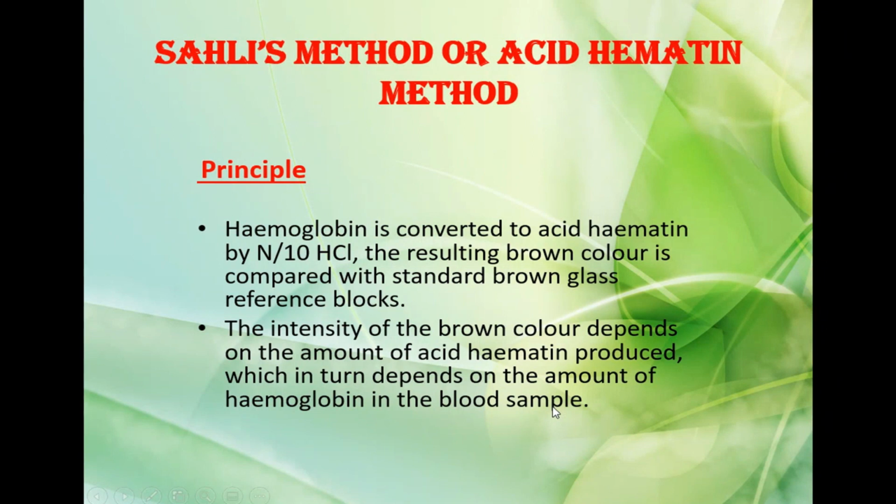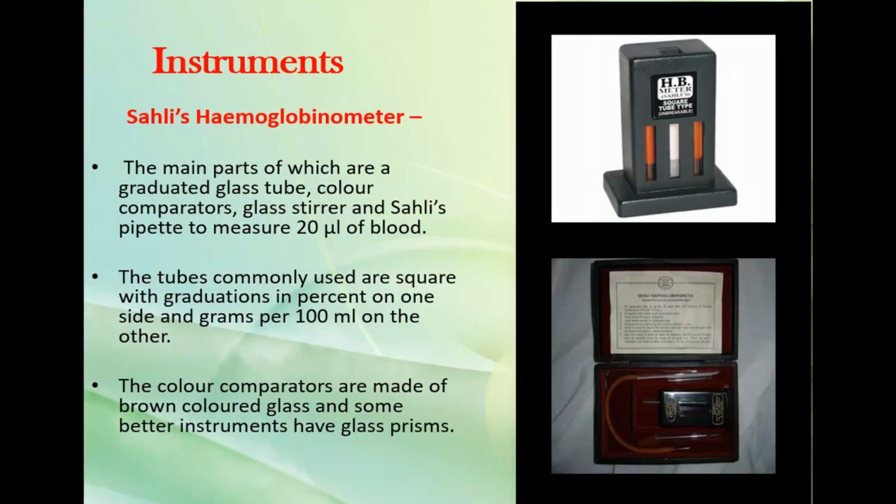So one molecule of hemoglobin is equivalent to one molecule of acid hematin. So the amount of hemoglobin that we calculate should be on the reading scale, and that scale helps us identify the hemoglobin level in a particular person, the person who donated the blood or who is subjected to hemoglobin estimation, right?